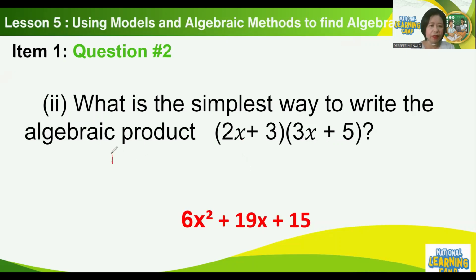We will use the FOIL method. F-O-I-L. F stands for first terms. O stands for outer terms. And then I stands for inner terms.